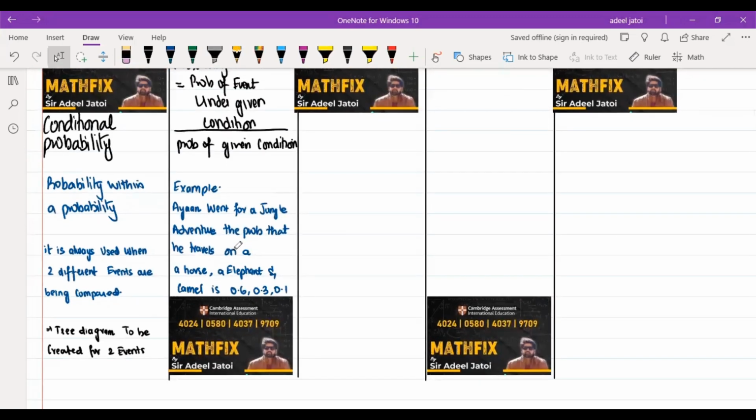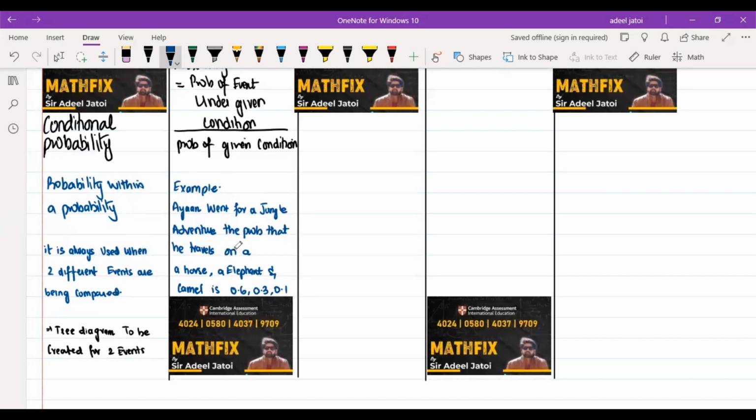Now the probability is already given for Ayan traveling. The total probability of any event should always be equal to 1. So 0.6, 0.3 and 0.1 already gives me the answer as what? 1.